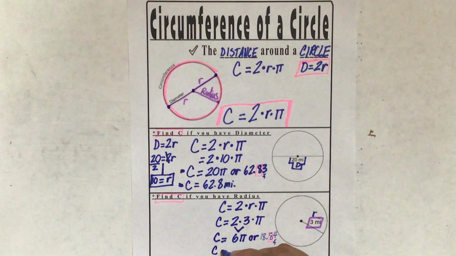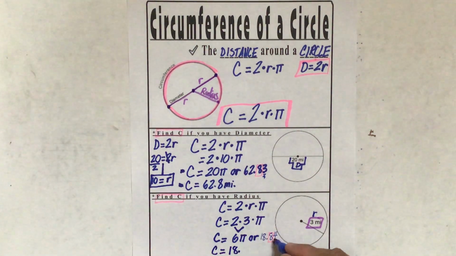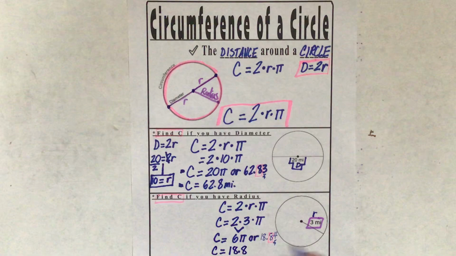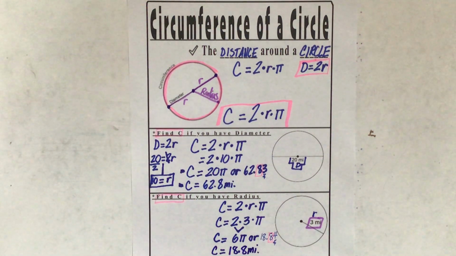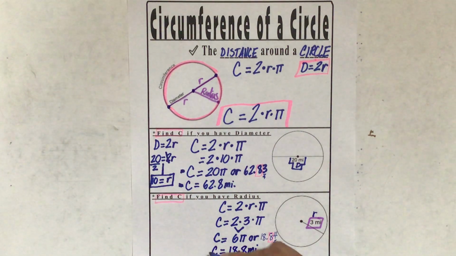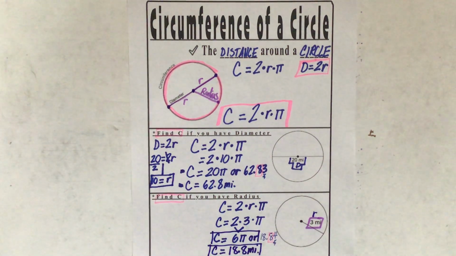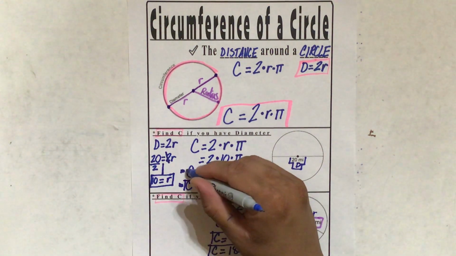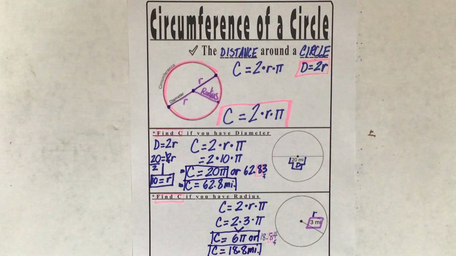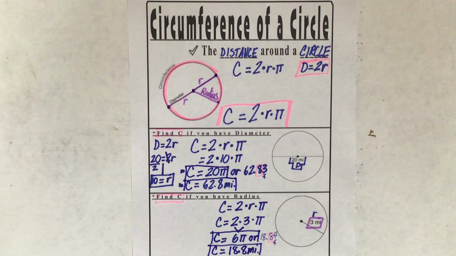So we're going to say C is equal to 18.8 is going to stay the same. Miles. In this case, we're dealing with miles as well. And these are our 2 answers, depending on whether they ask you for in terms of pi or in terms of decimal.